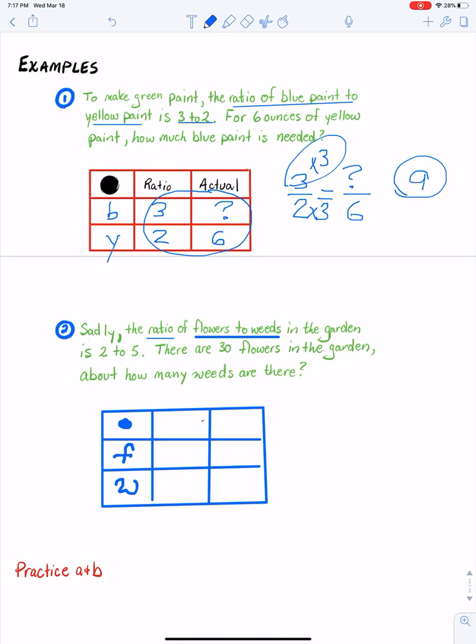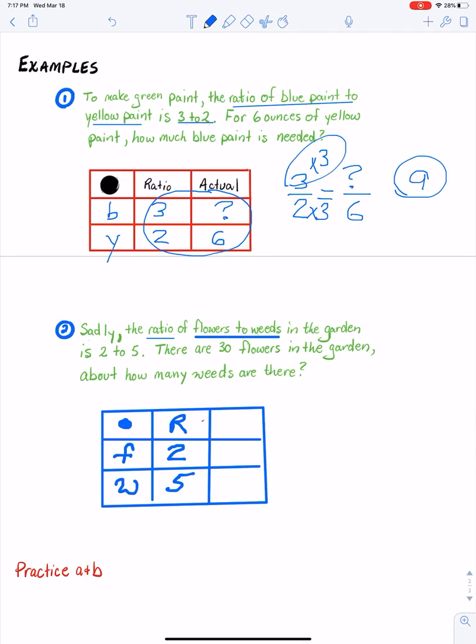Second column is for the ratio, or the small group, the small sample. So I have 2 to 5. Flowers came first, so the 2 is the flowers, then 5.